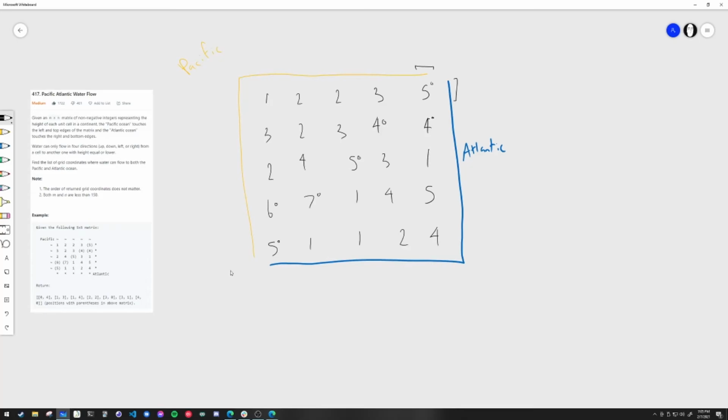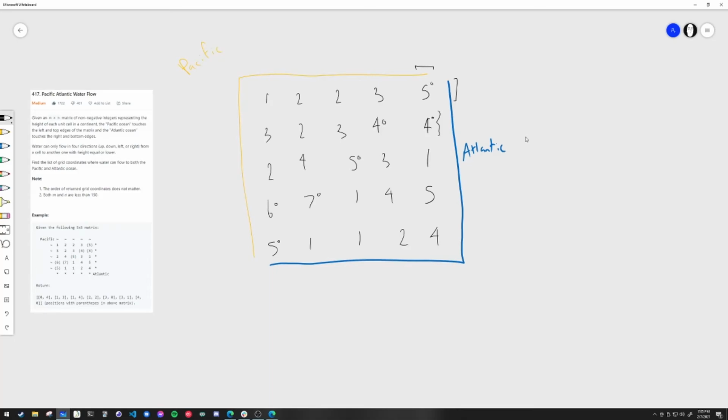And then for 4, this one right here already flows into the Atlantic because it's on this edge with the Atlantic. Water here would flow to here, and then it'd flow to here, and now this one right here shares the edge with the Pacific border. So that's why that one is, right? Those are important to understand first, why these are the answers.